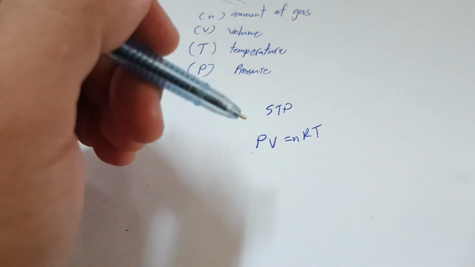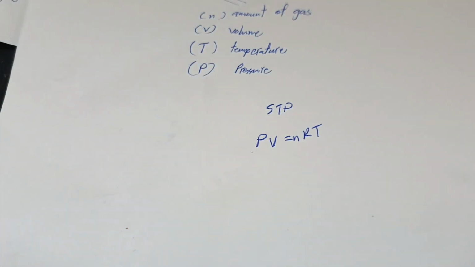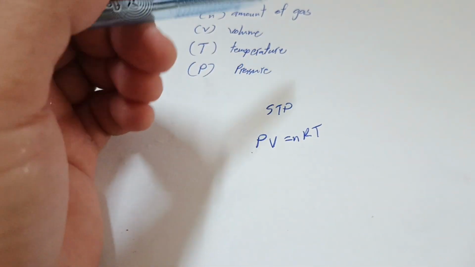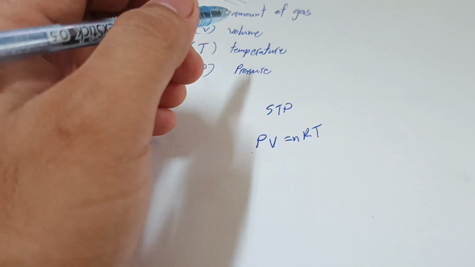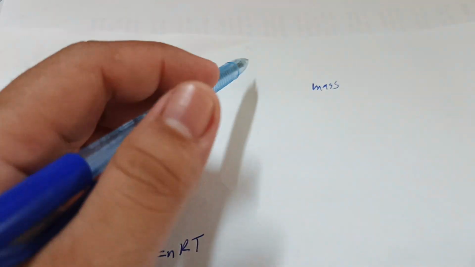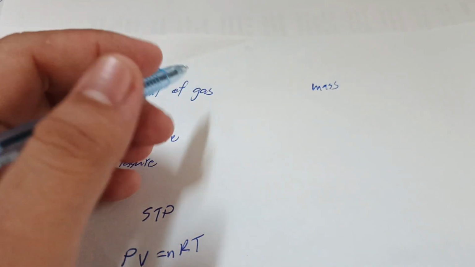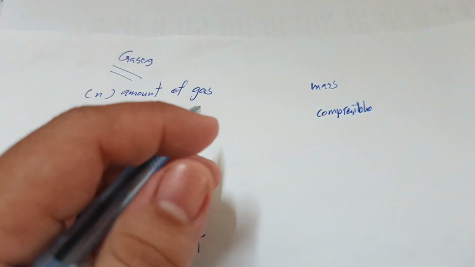Before we proceed with the equation of each of those laws, let us first define the general properties of gases. First property of gas is that gases have mass. Second is that gases are easy to compress, meaning gases are compressible.